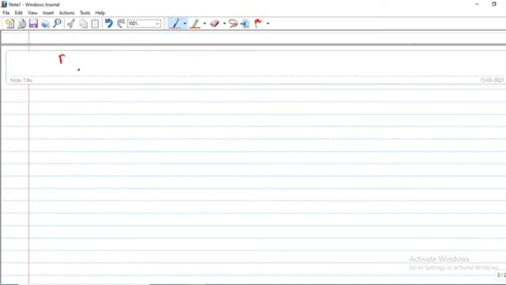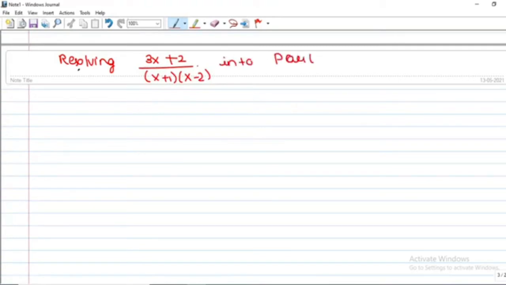So resolving (3x + 2) upon (x + 1)(x - 2) into partial fractions.